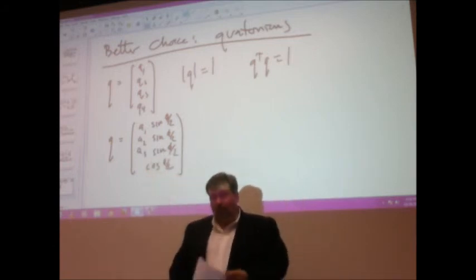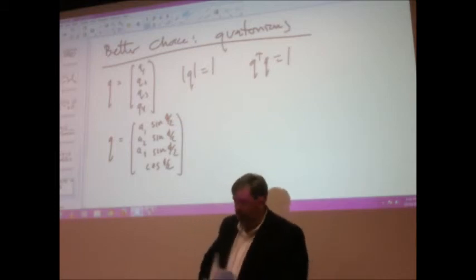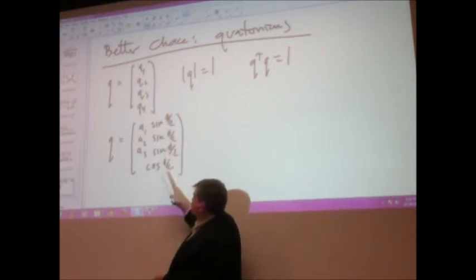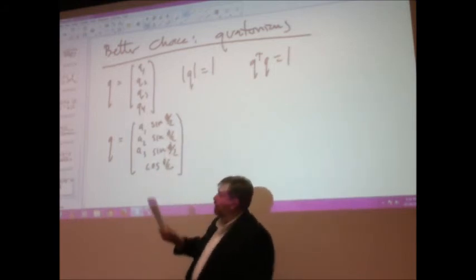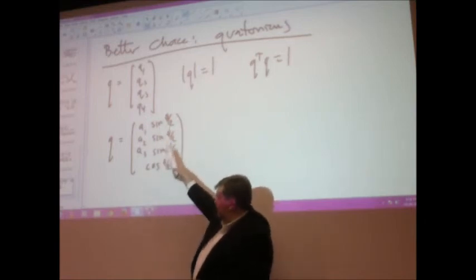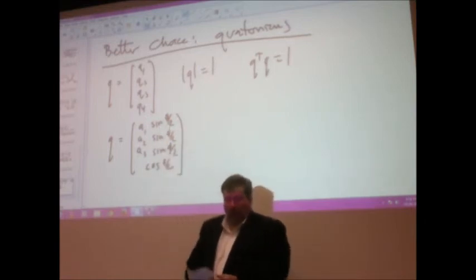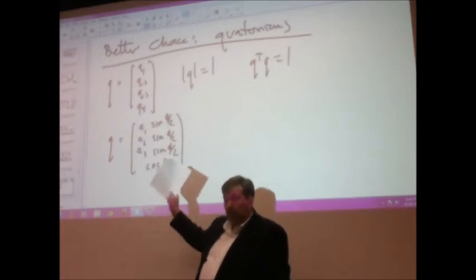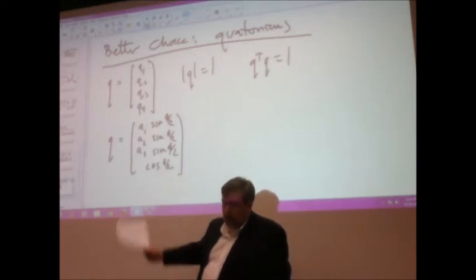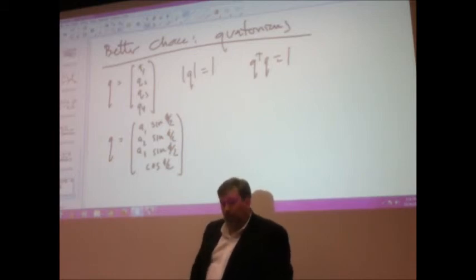And you'll sometimes find, certainly in very old-fashioned texts and a few academic institutions around the country, these 3 swapped with this one. Sometimes you find the cosine or scalar component up on top as q1, and then the others are q2, 3, 4. The convention I'm showing you here is the most common. It's used in virtually all of the academic literature. It's used at Boeing and Lockheed and JPL, as far as I know. I cannot think of a single place it's used outside of a few academic institutions and also sometimes in MATLAB.